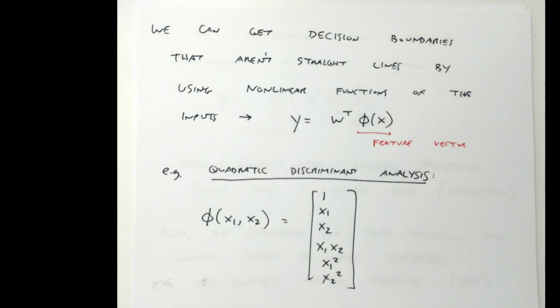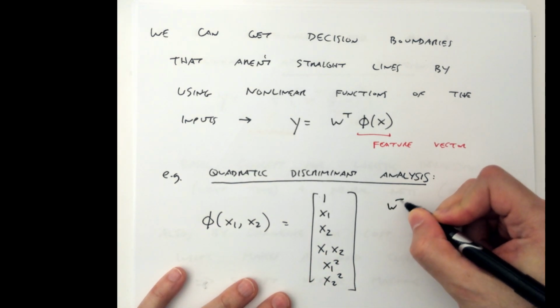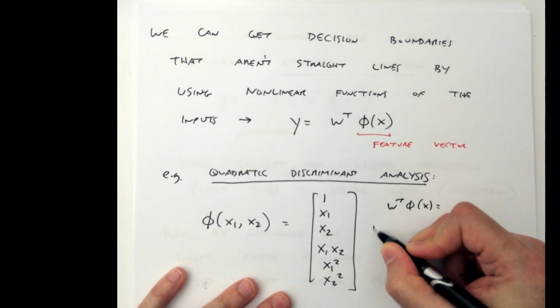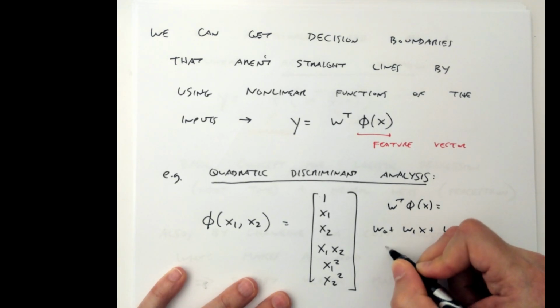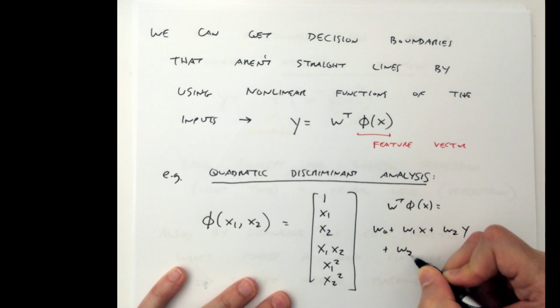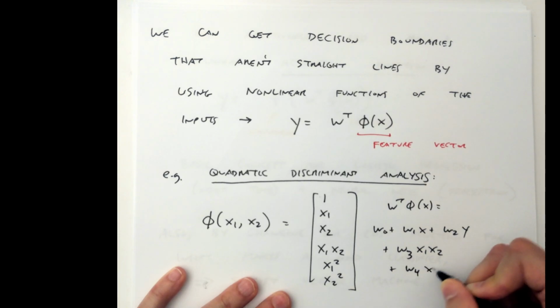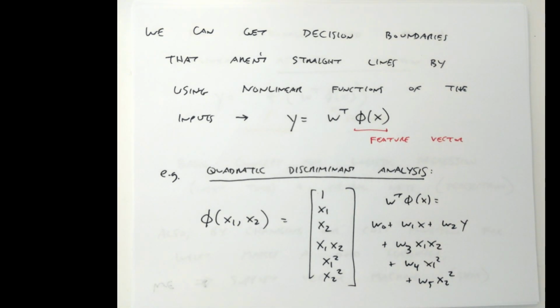Let's talk about this in a little more detail. Suppose this is my function. That would mean that my W transpose phi would look like something plus constant terms times x and y plus a new constant term times this thing plus this thing, and that's going to be my new y of x.